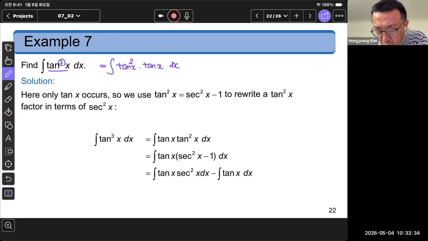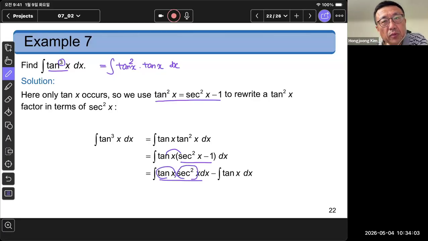And then you use this identity to replace tangent x squared with secant x squared minus 1. So when you multiply these two, you get this: tangent x times secant x squared.